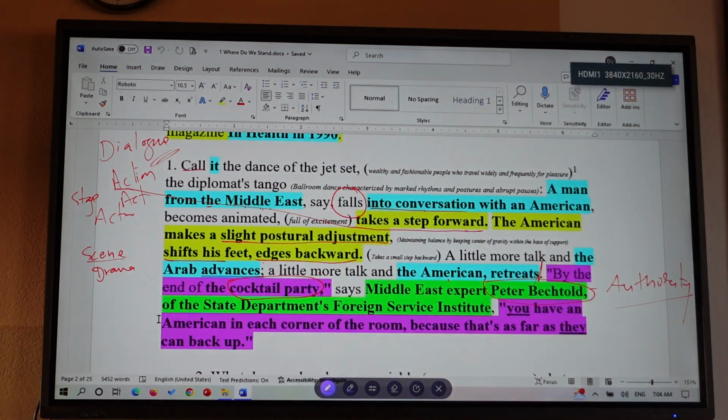What is authority? Authority is any scholar, any scientist, any learned man, any writer whose ideas you are quoting to support your idea. What is Lisa Davies' idea? Lisa Davies' idea is that when Arabians and Americans meet, there is a problem.